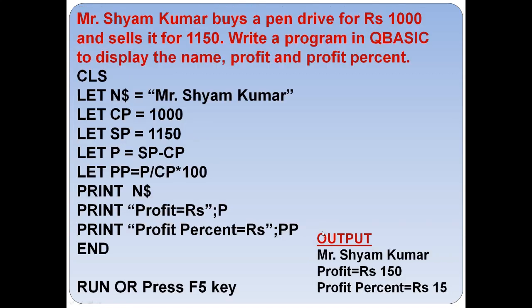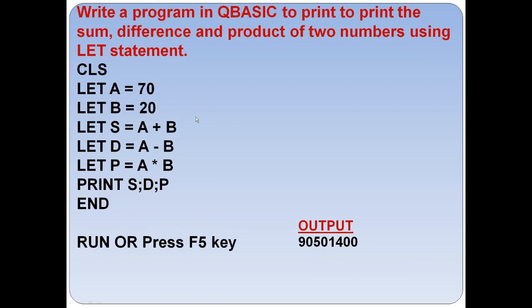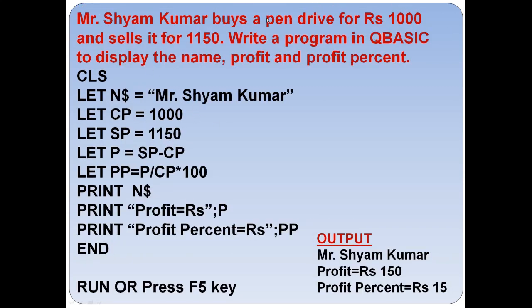Now the next program, this is one more program. Mr. Shyam Kumar buys a pen drive for rupees 1000 and sells it for 1150 rupees. Means Mr. Shyam Kumar buys a pen drive for 1000 rupees, but he sells it for 1150 rupees.